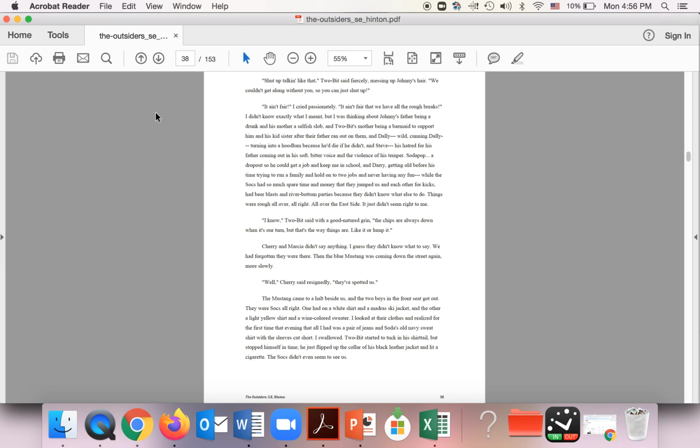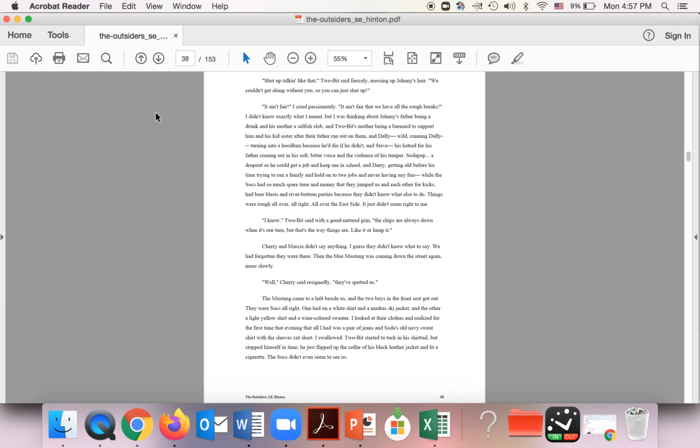I didn't know exactly what it meant, but I was thinking about Johnny's father being a drunk and his mother a selfish slob, and Two-Bit's mother being a barmaid to support him and his kid sister after their father ran out on them, and Dally, wild, cunning Dally, turning into a hoodlum because he'd die if he didn't, and Steve, his hatred for his father coming out in his soft, bitter voice and the violence of his temper.